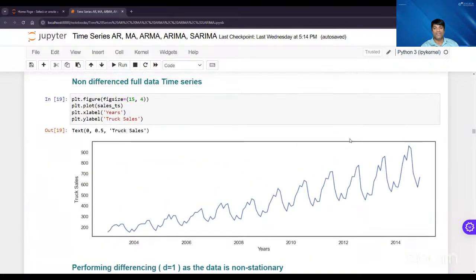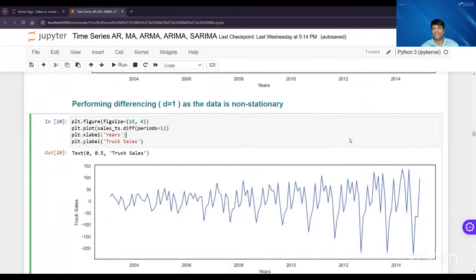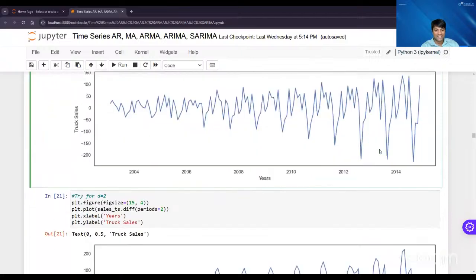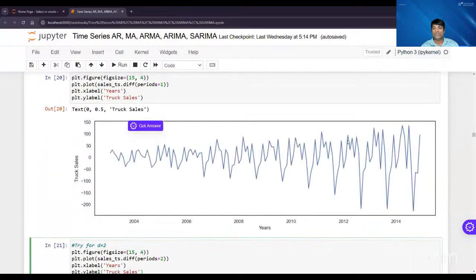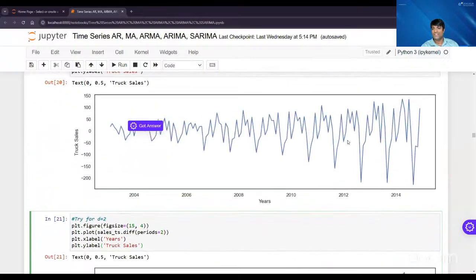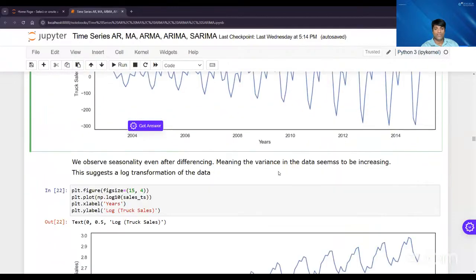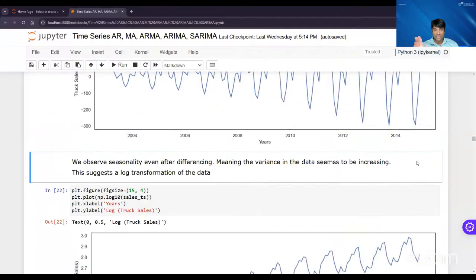Now you can see the graph has changed. Let us apply one more lag to it, and it has changed even more. See carefully. What can we understand from this? We observe seasonality even after differencing, meaning the variance in the data seems to be increasing.